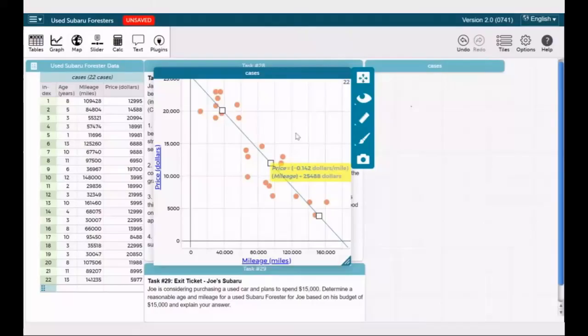Okay, so this equation says price is equal to negative 0.142 dollars per mile, times the mileage itself, plus $25,488.